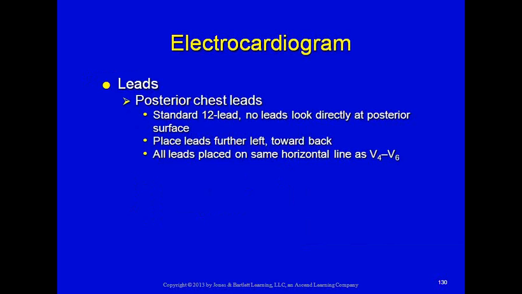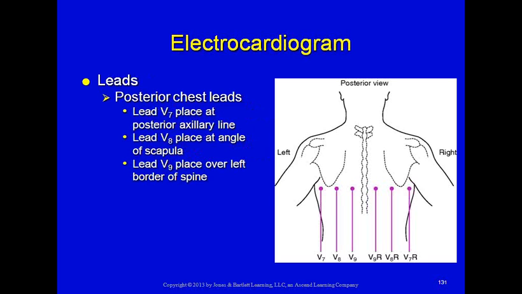Sometimes we want to get a look at the back of the heart, because we really have no leads in a 12-lead ECG that look directly at the back surface of the heart. What we can do is move those leads on the left side further around towards the back. All leads are placed in the same horizontal line as V4, 5, and 6.